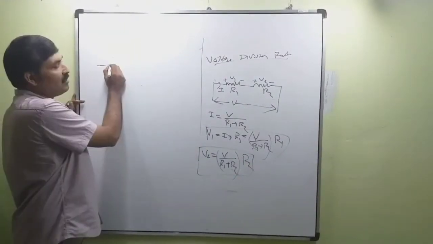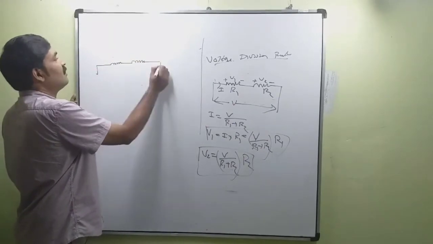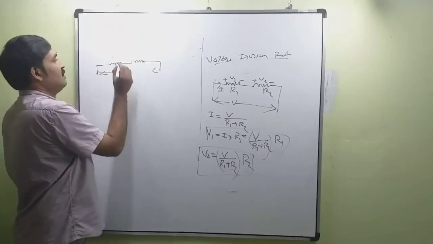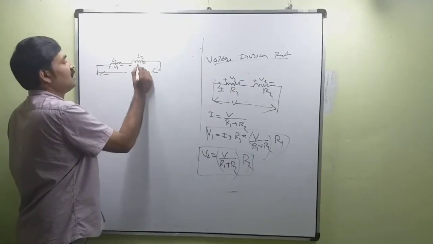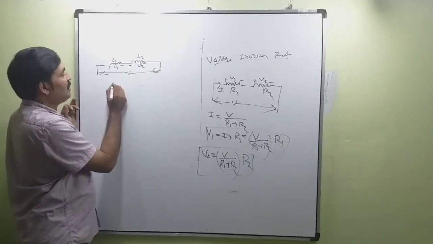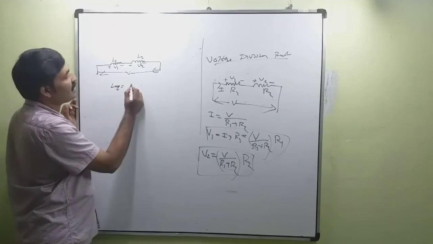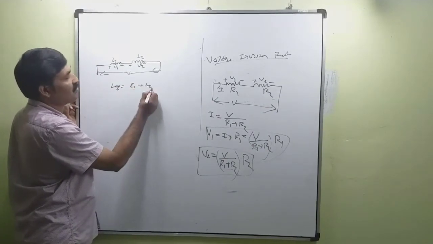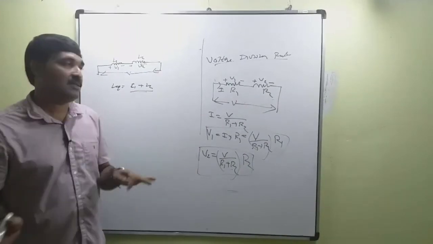If inductances are connected in series, L1, L2, with V1 and V2, then V is the voltage applied. Since L equivalent is equal to L1 plus L2, this is the same as in the case of resistance connected in series.